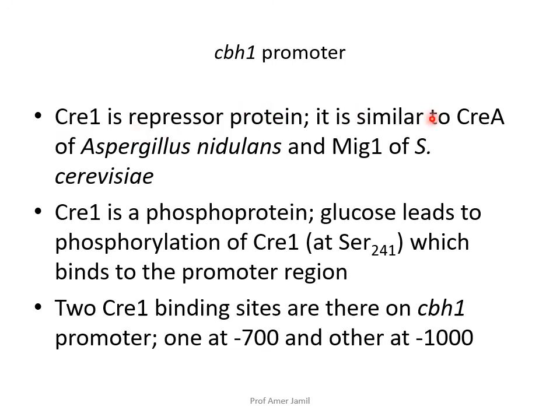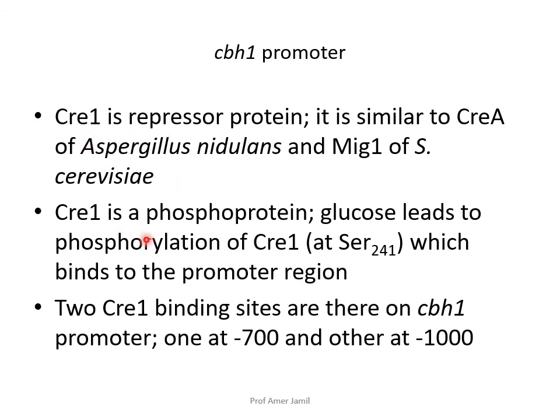It is very similar to CREA of Aspergillus nidulans and MIG1 of S. cerevisiae. It means that such type of repression is found in other fungi like Aspergillus and also in yeast, Saccharomyces cerevisiae.